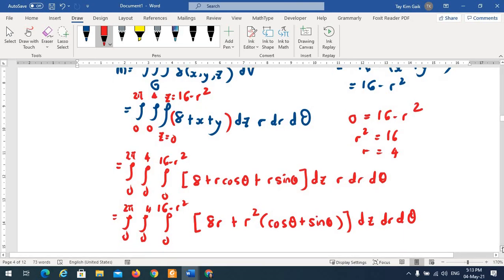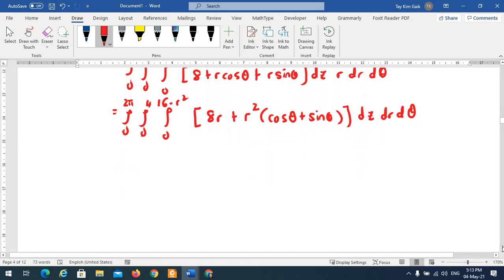So now you can integrate with respect to z. When you integrate with respect to z, r and theta are constant. So what you have is 8r plus r squared cos theta plus sin theta, which is constant because r and theta are constant.